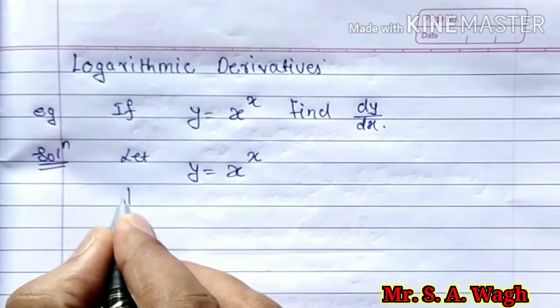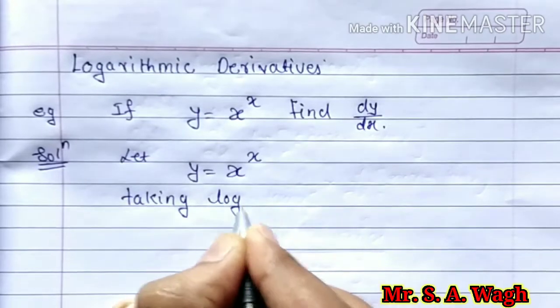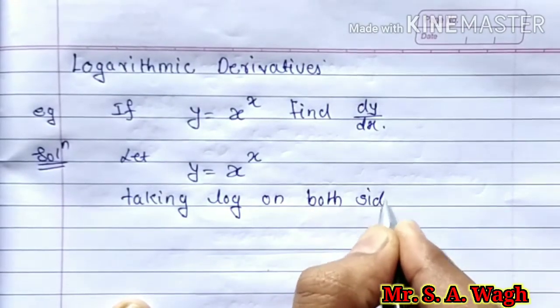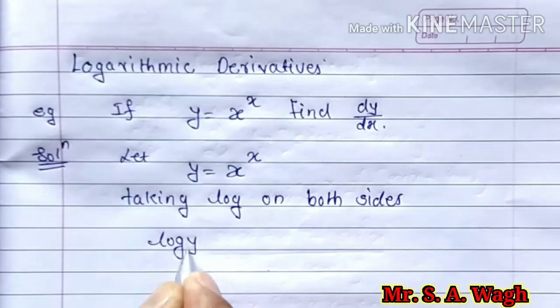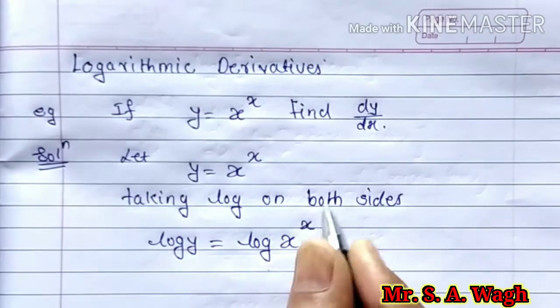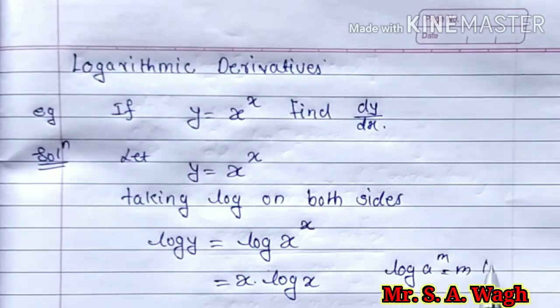So first of all, we take logarithm, taking log on both sides. One side is log of y and the other side is log of x to the power x. By the rule of logarithm, it can be written as x into log of x, that is, log of a to the power m can be written as m into log of a.